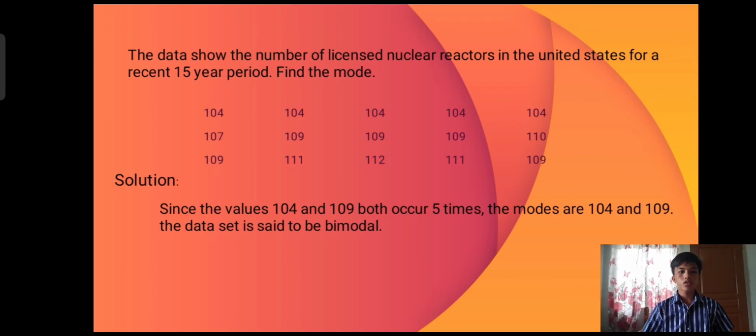Since the values 104 and 109 both occur 5 times, the modes are 104 and 109. So the data set is said to be bimodal, because it has two modes.